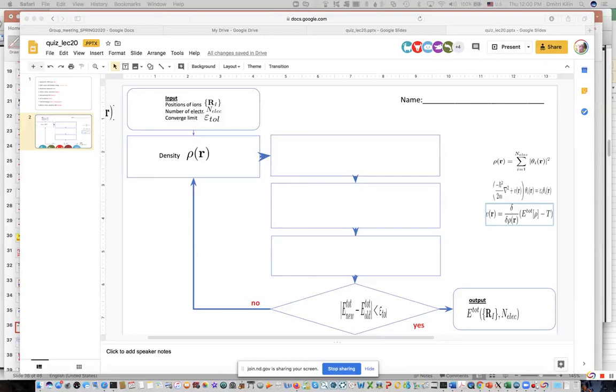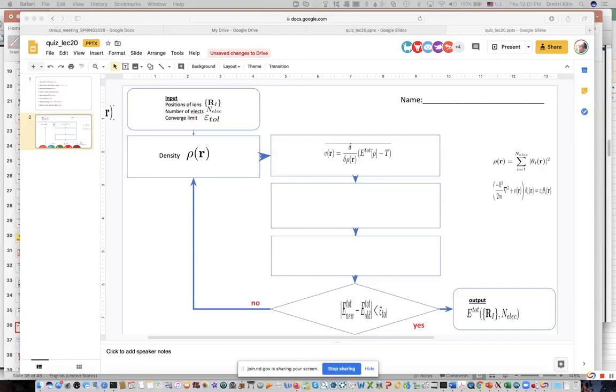Good? So after we do have density, who is next? Rebecca, would you like to try? Yang Chao, thank you.